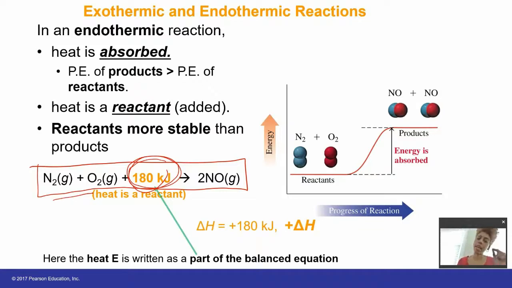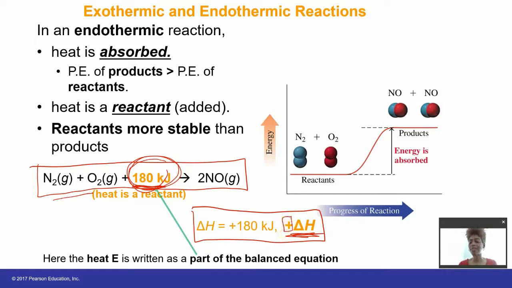But being that this is an endothermic reaction, energy is added on the left-hand side of the reaction because it is a reactant. Now, if we were to see delta H by itself, it's going to have a positive value. Why is it positive? Because it's telling us that the energy is being absorbed and not released.